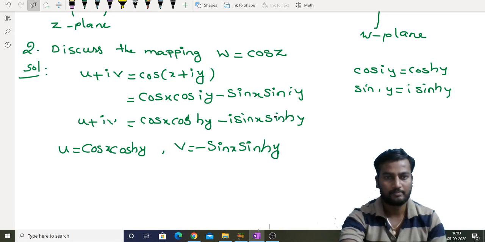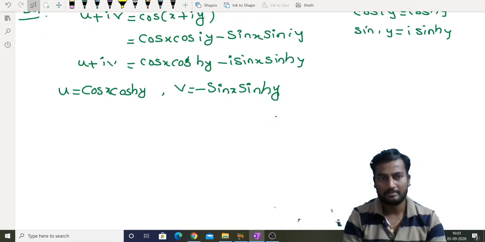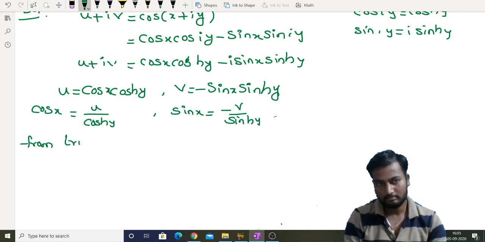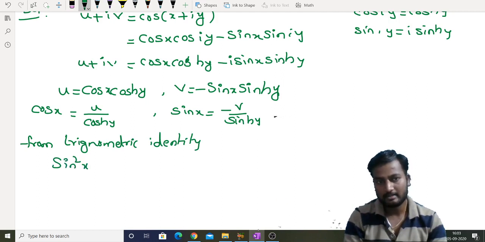Up to this, okay. Then what is cos x? Cos x is u by cosh y. And sin x is minus v by sinh y. So from the trigonometric identity, sin square x plus cos square x is equal to 1.